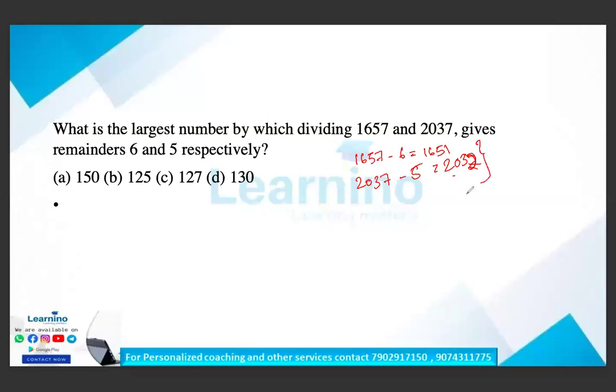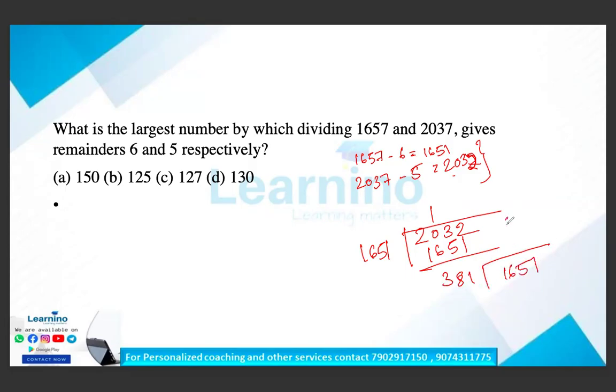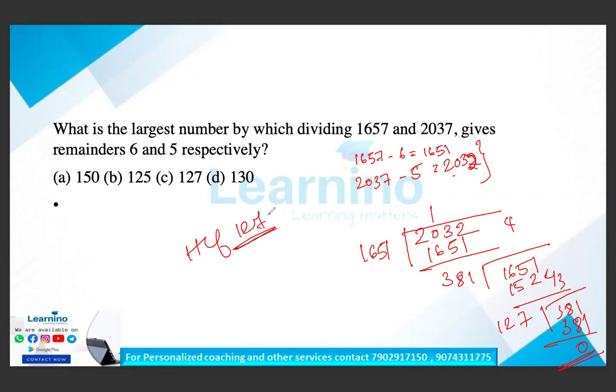Taking the HCF of these two, 2032 divided by 1651, we will get 127 as the HCF. So the answer will be option C, 127.